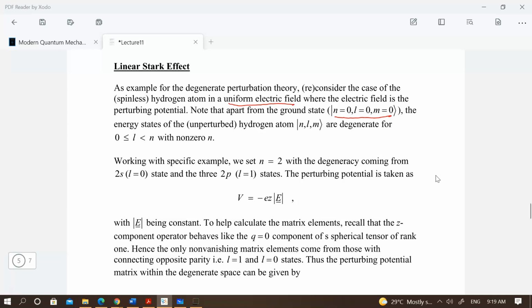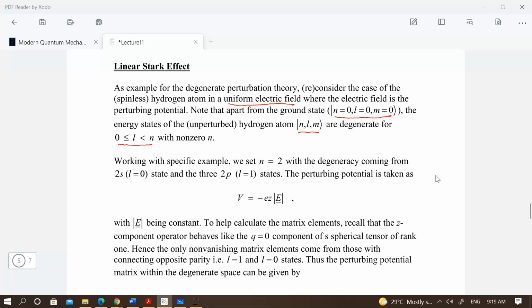Because for the other states, for non-zero n, you have degeneracy coming from all the angular momentum quantum numbers.